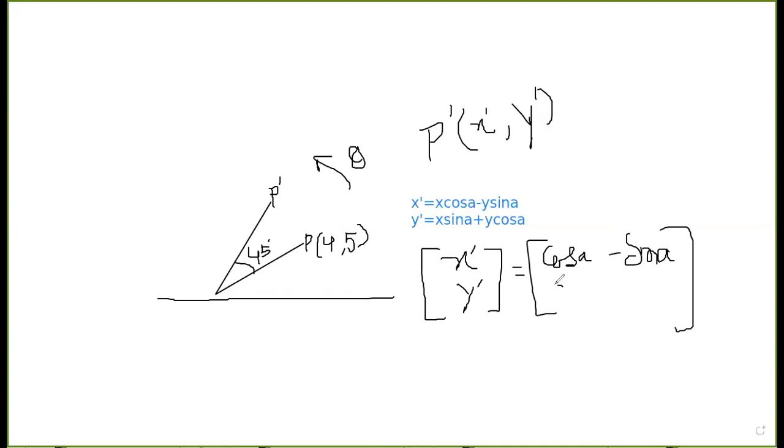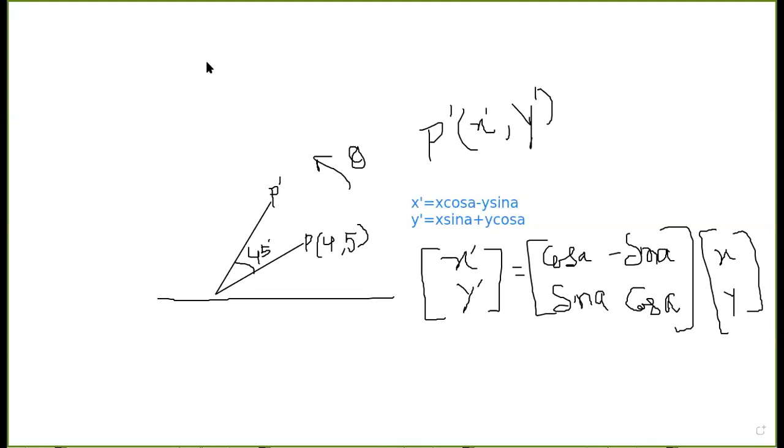So y dash is 9 by root 2. What is the value of cos 45? 1 by root 2.